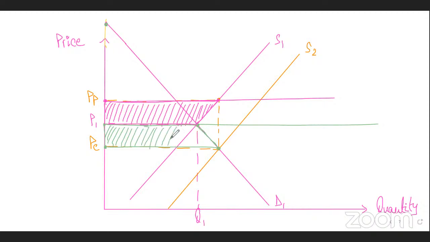That's the gain in producer surplus. Easy? We good on this? Any confusion so far? Anything that's not clear? Right? So in case of subsidy, both consumers and producers benefit. Okay.